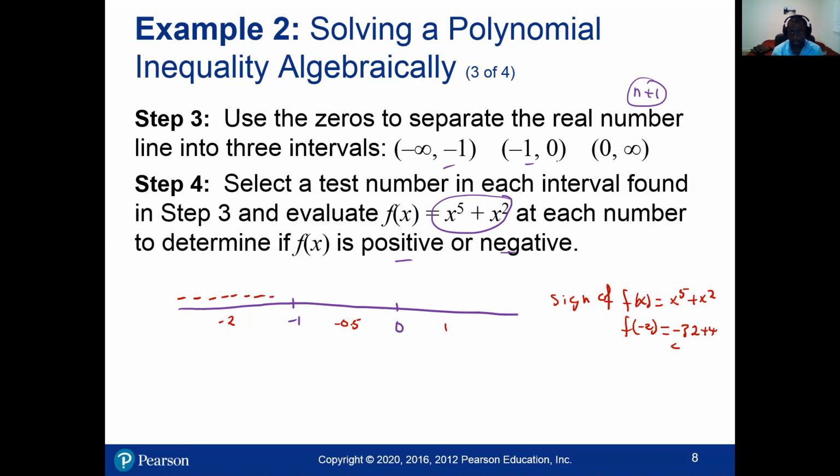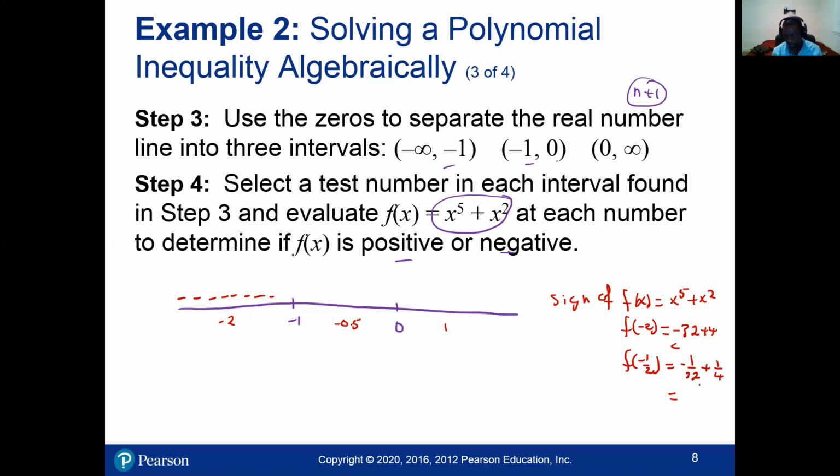And if I plug in negative 1/2, which is negative 0.5, this will give me negative 1 over 32 plus 1 over 4. And what will be the sign? If you simplify this, you just want the sign.